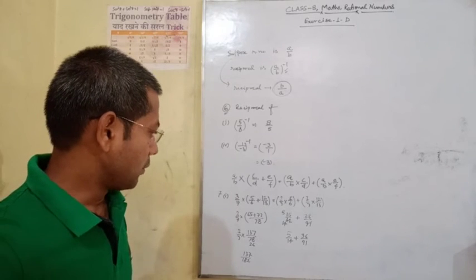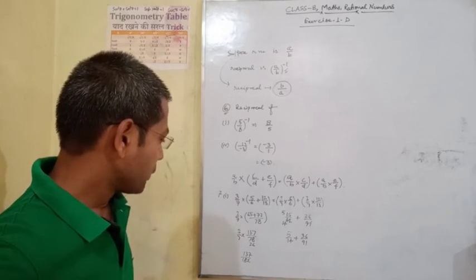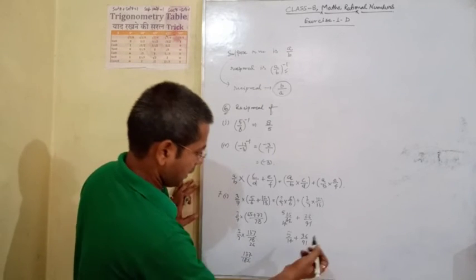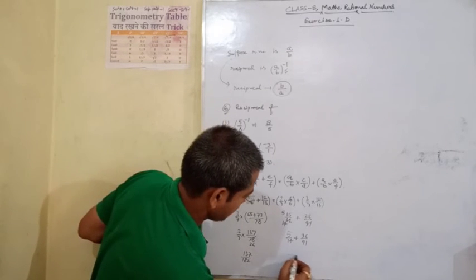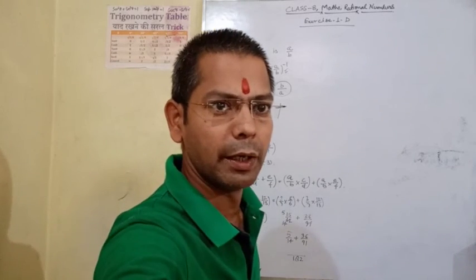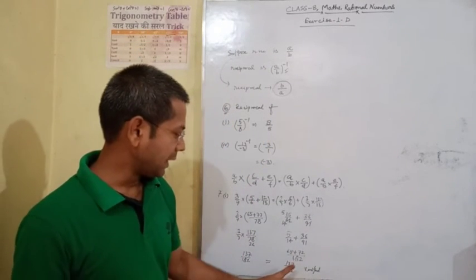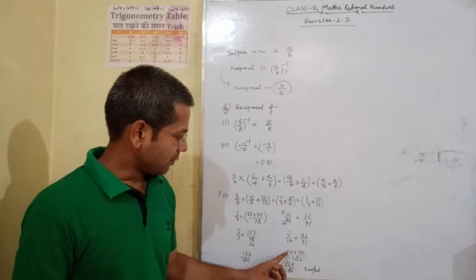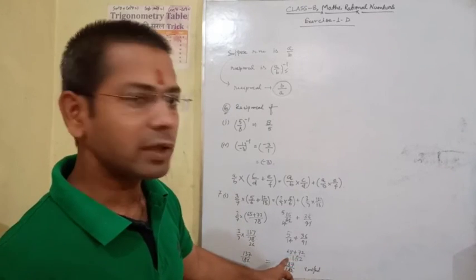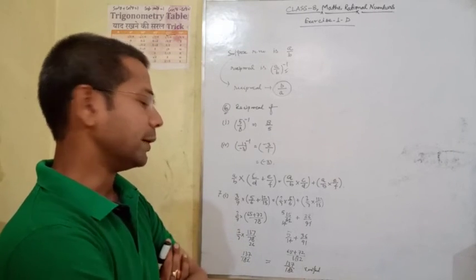Again we will take the LCM. Suppose 182. The LCM of 14 and 91 will be 182. We calculate the numerators: 65 and 72 added, we get 137 upon 182.